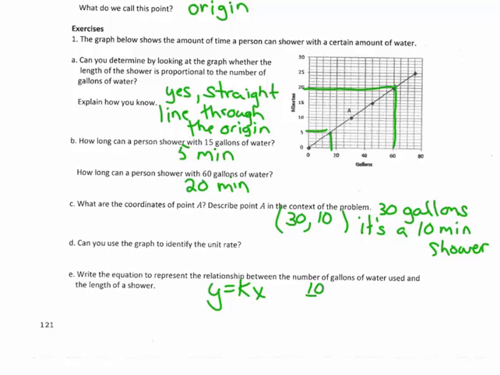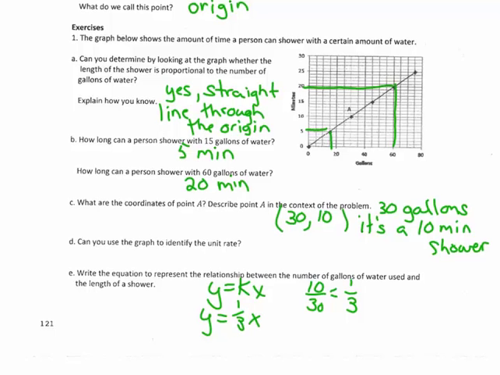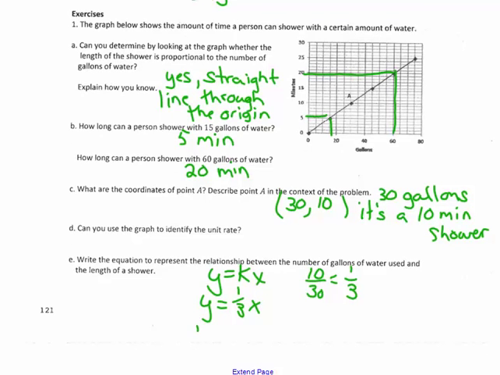So 10 over 30. I'm going to choose to keep this as a fraction, which is 1/3. So y equals 1/3 x. If you wanted to do it using minutes and gallons, the number of minutes is 1/3 times the number of gallons. So this is either or. You can write it either way.